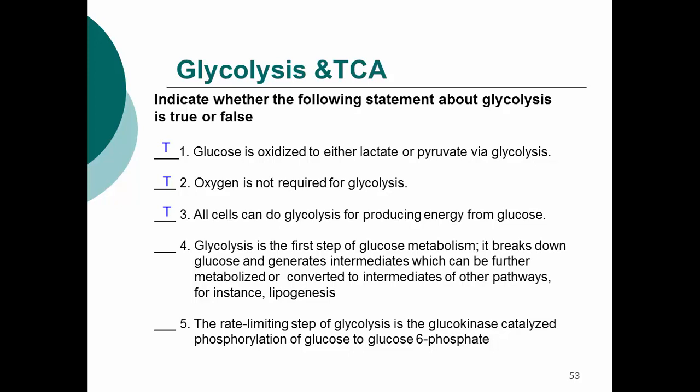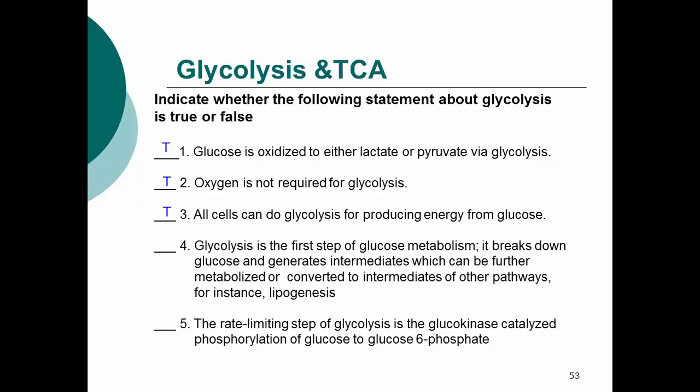Number 4. Glycolysis is the first step of glucose metabolism. It breaks down glucose and generates intermediates, which can be further metabolized or converted to intermediates of other pathways, for instance, lipogenesis. Remember the TCA cycle? Yes, right?